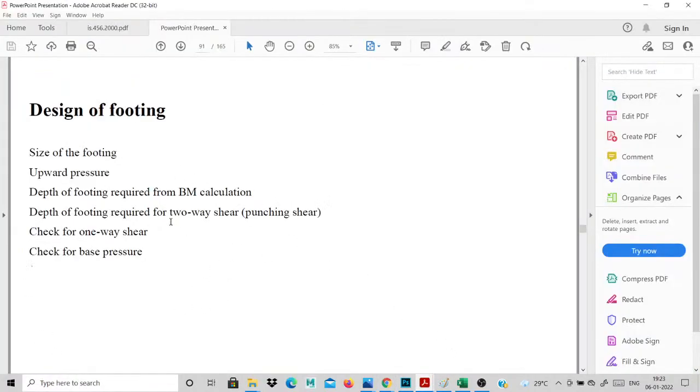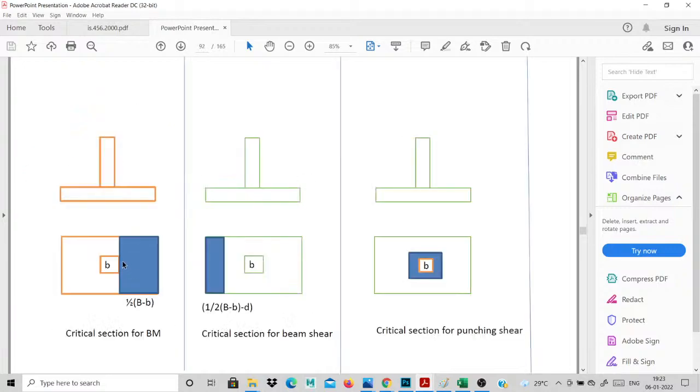These are the compulsory checks acting on your pedestal. Which area will take the bending moment, and what type of force will be acting: bending moment, one-way shear and punching shear. The critical section for the bending moment is this half of this portion. This is our pedestal, this is our column, and the bending moment acts on this half portion.